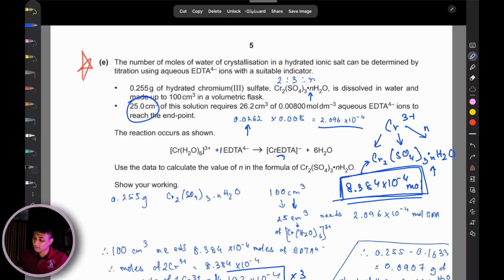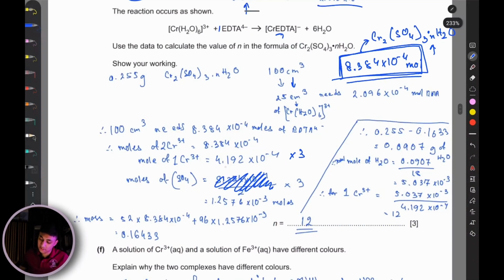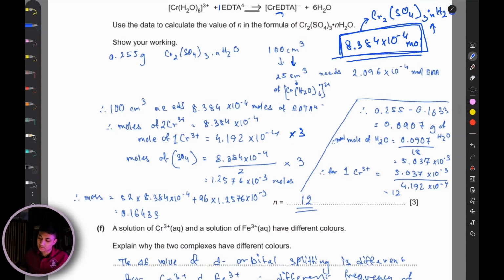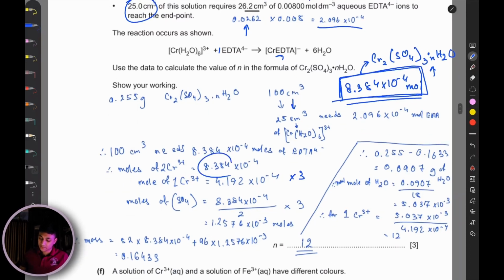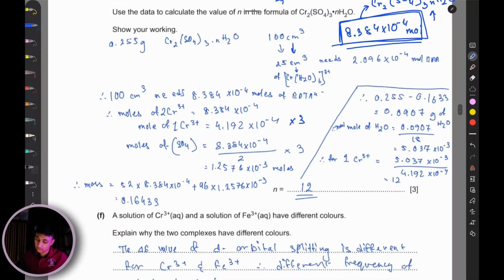Hence, the moles of sulfate is going to be 1 portion of chromium times 3, right? Or you could directly do times 3 by 2, that works as well, due to the 2:3 ratio. Anyways, you can multiply this with 3 as well to get your moles of sulfate ions.